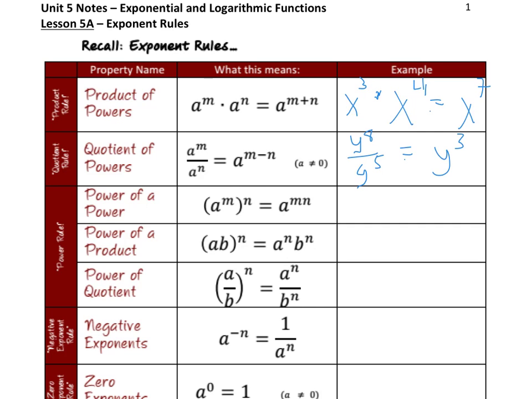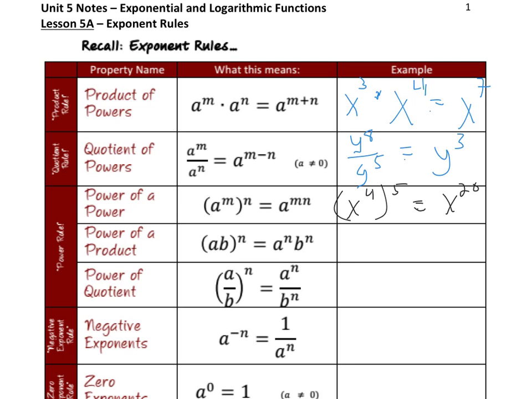If I had x to the fourth, and then I raise that to the fifth power, then that means I have 5 x to the fourths, and I'm multiplying together. And that's going to give me a total of 20 powers of x when it's all said and done.